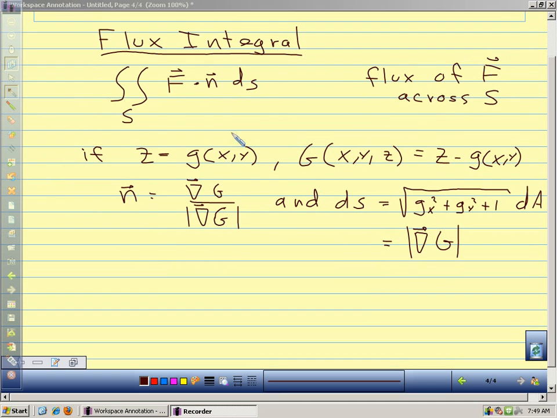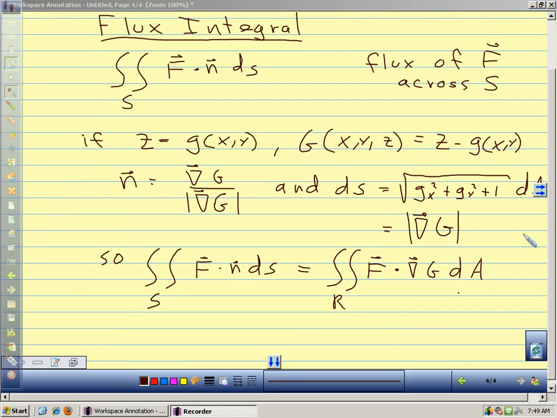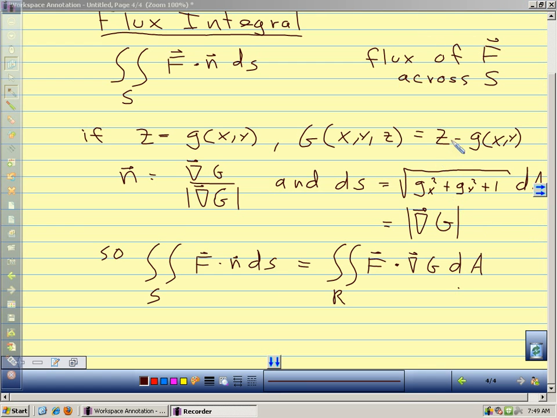So now we're going to substitute these quantities into our integral. So our surface integral of F dot n dS turns into a double integral over our region of F dot del G dA. And this is for our upward orientation.